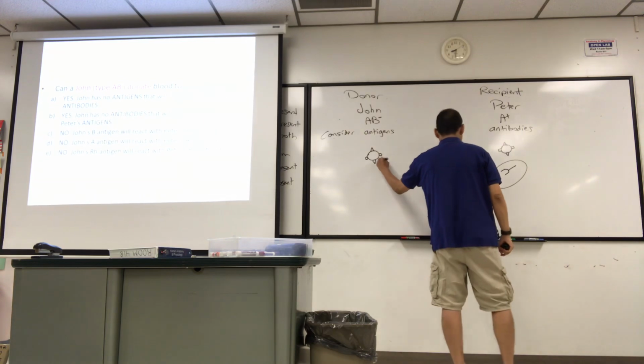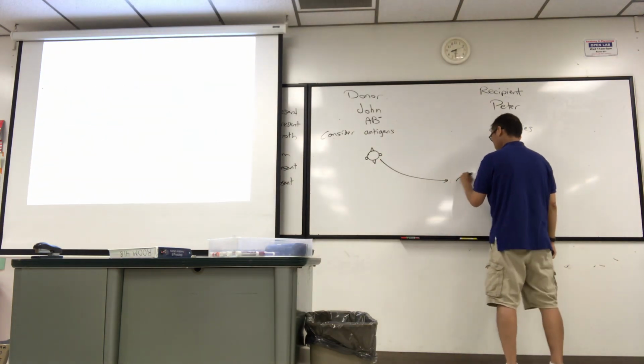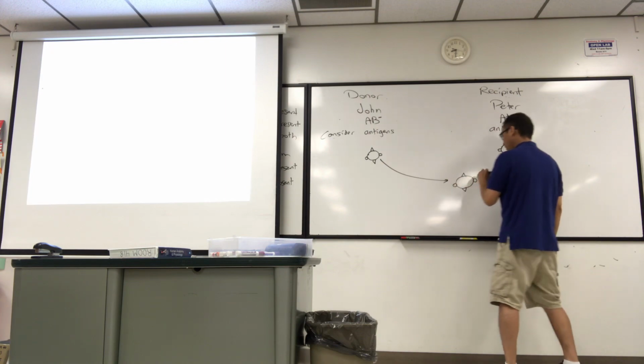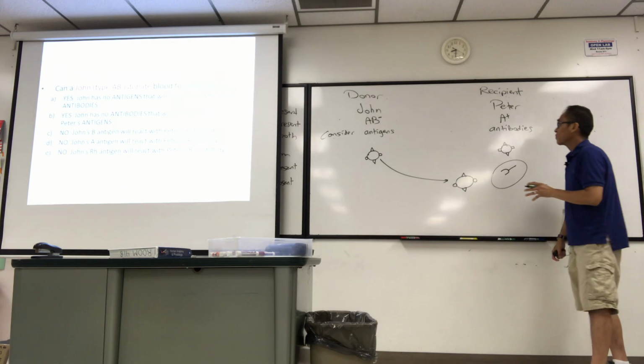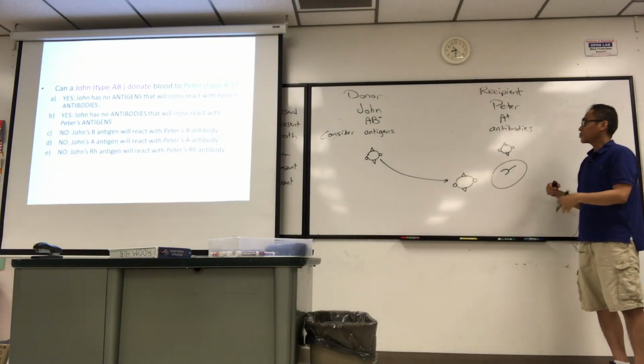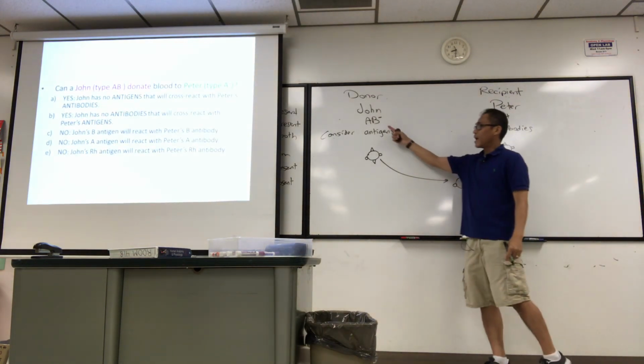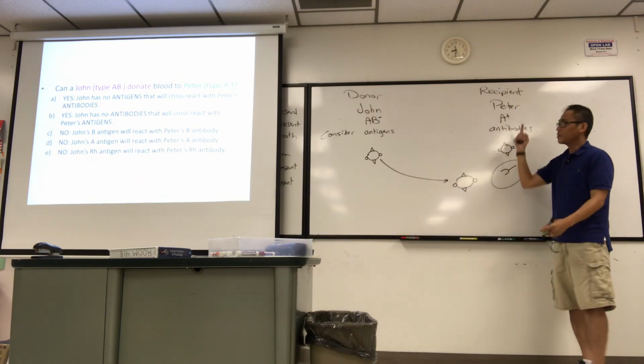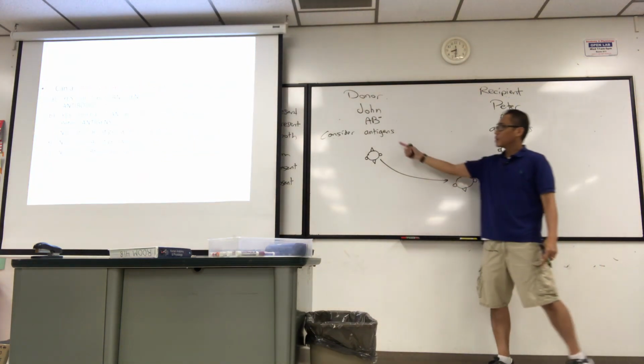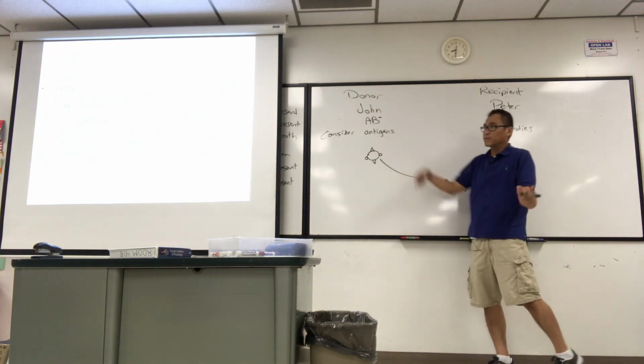Okay, so you give this guy his blood, and at the very surface level, just grab a random person off the street. They can tell you, oh, an AB can't donate to an A. They're different types. They don't have the B. Then you'll be correct.